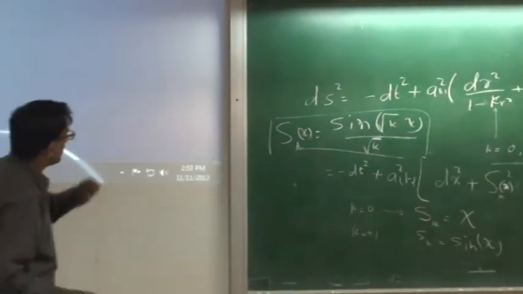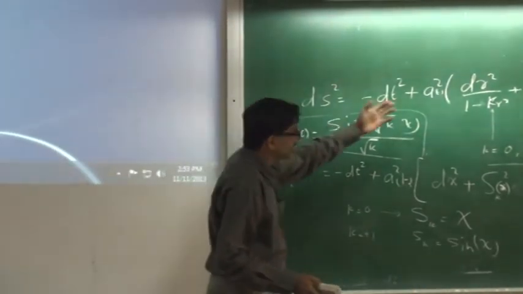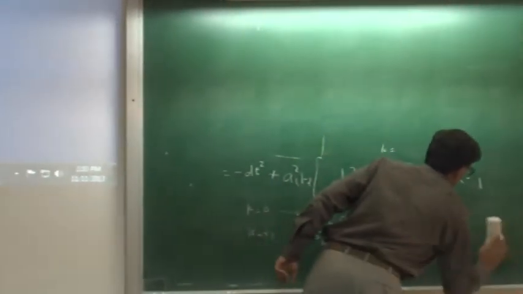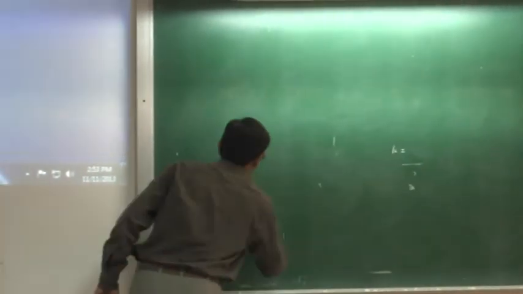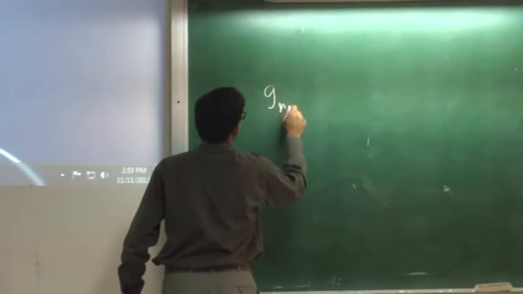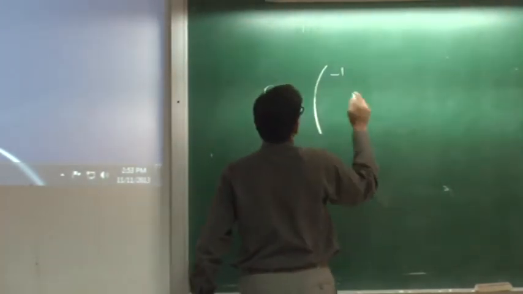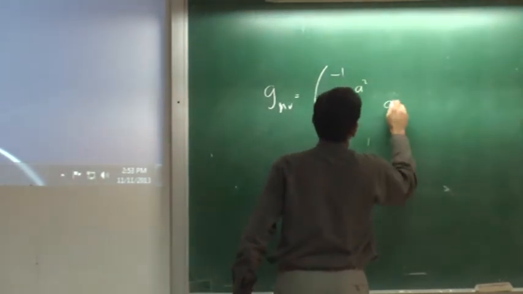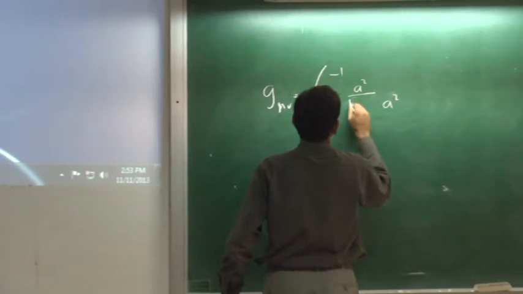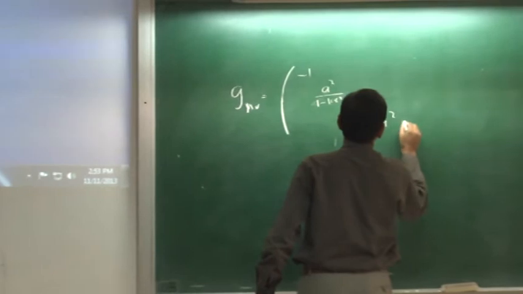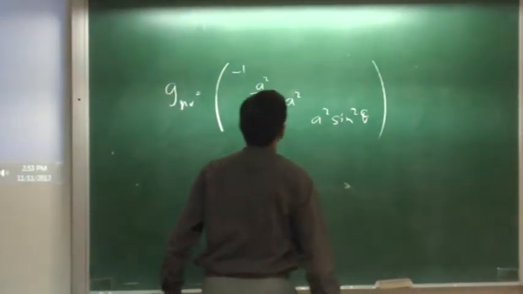Once you have this, you have your metric tensor. And your metric tensor is equal to -1 a square, sorry, a square over 1 minus k r square, a square r square, a square r square sine square theta.